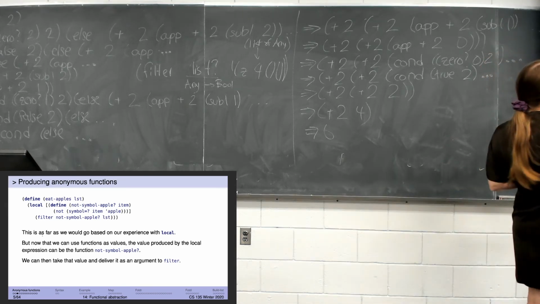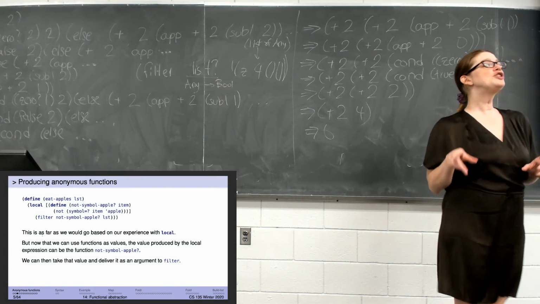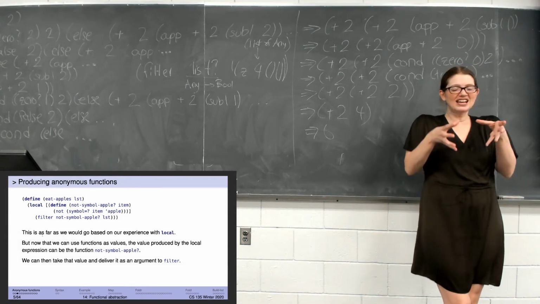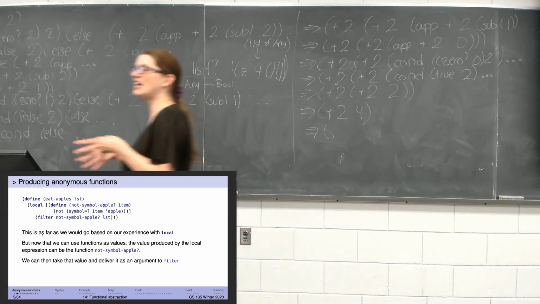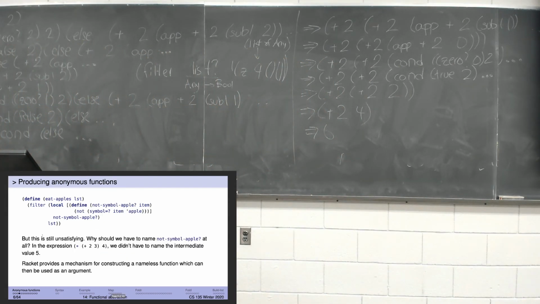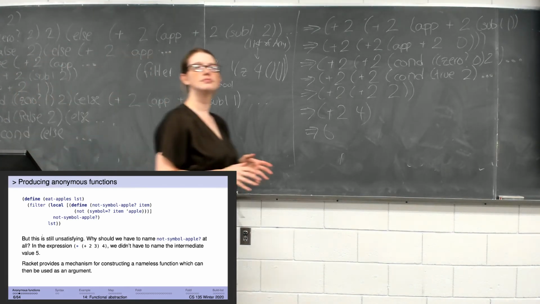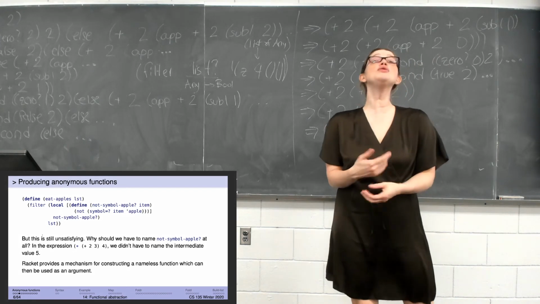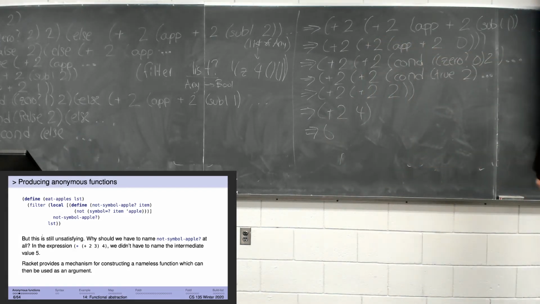So while I could put the local there, there's a better place for it, which would make notSymbolApple only available to the exact place it needs to be, which is as the predicate for filter. Yes, this is a little ugly. So now, because I can use a local to produce a function, I can put the local as the predicate and it produces that function.